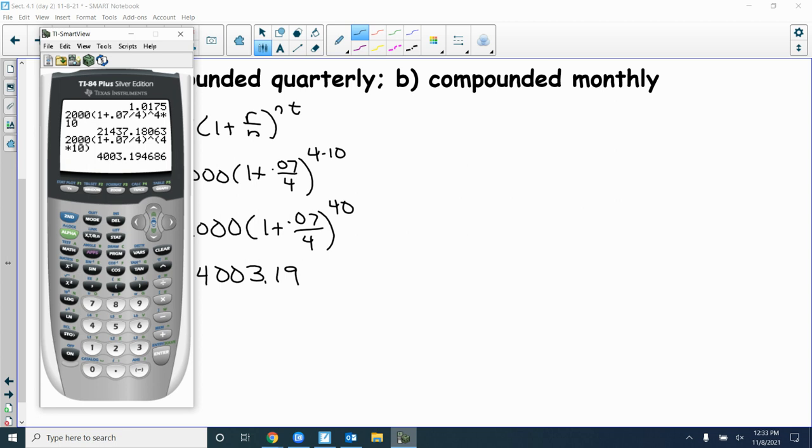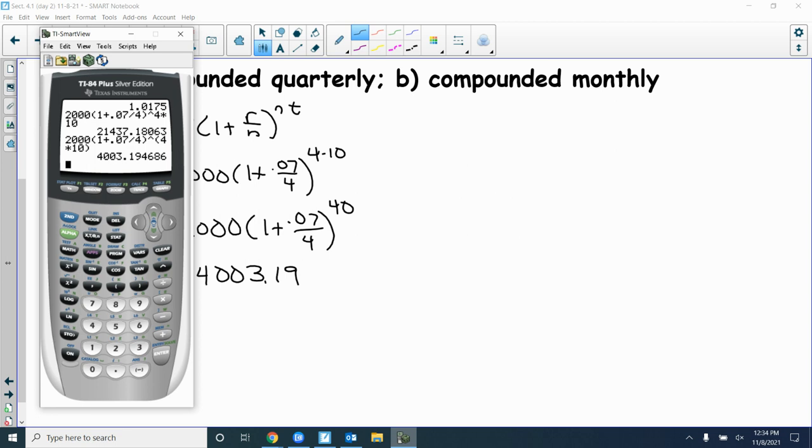That would be 2,000 times (1 plus 0.07 divided by 4) to the power 40. Now, this should have been 2,000 times the answer right here. That's why that went wrong. You did have to multiply that. That would have been right if you multiplied it by 2,000. The 2,000 goes with the P, where the P is. That's why. Sorry, I didn't see that.